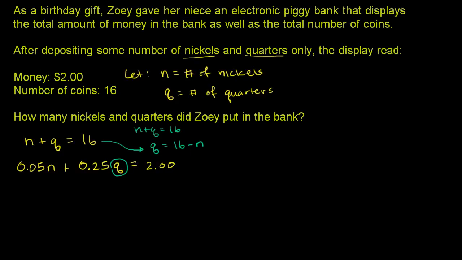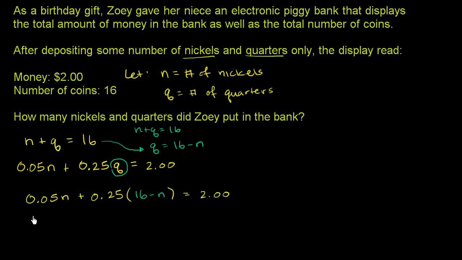So let's do that. The second constraint, when we make the substitution, becomes 0.05 n plus 0.25 times, instead of q, 16 minus n. That's what the first constraint tells us. That is going to be equal to $2. We're solving the system by substitution.